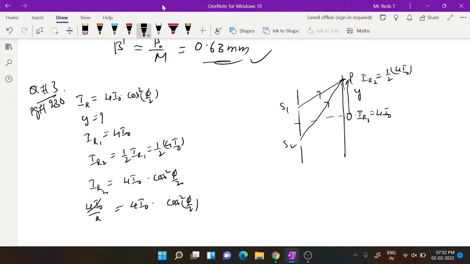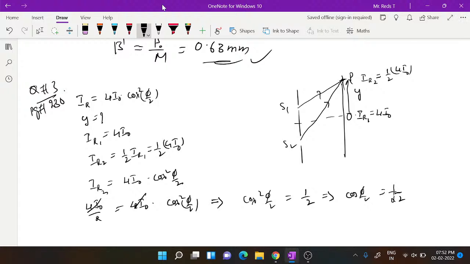So 4 I naught gets cancelled, and we get cos square phi by 2 is equal to 1 by 2. From this, cos phi by 2 is equal to, taking the square root, 1 by root 2.